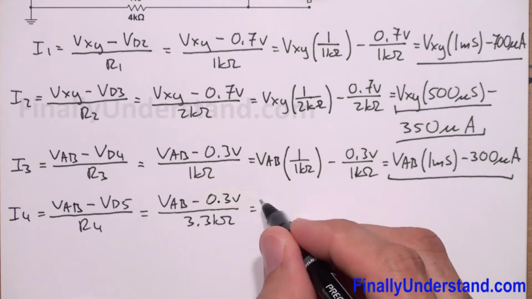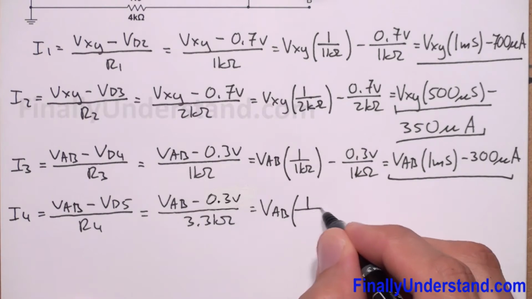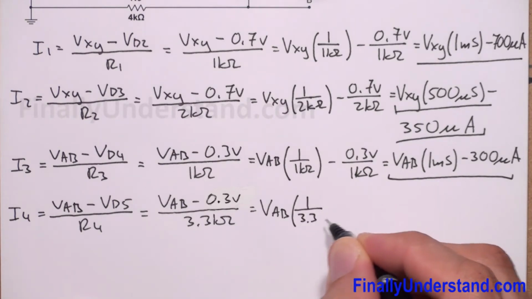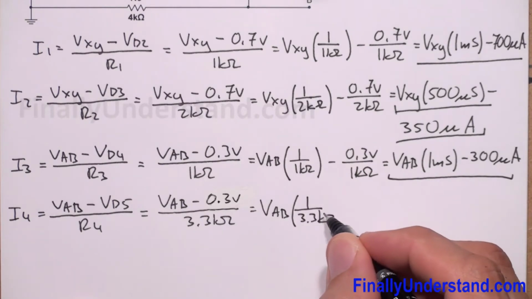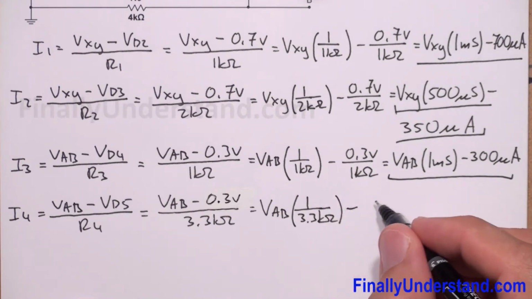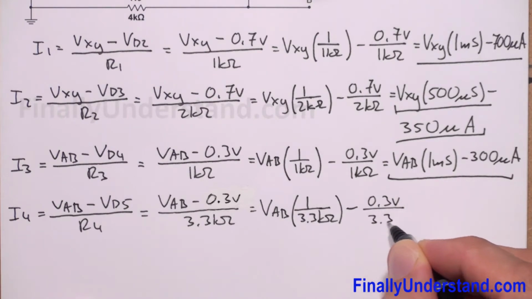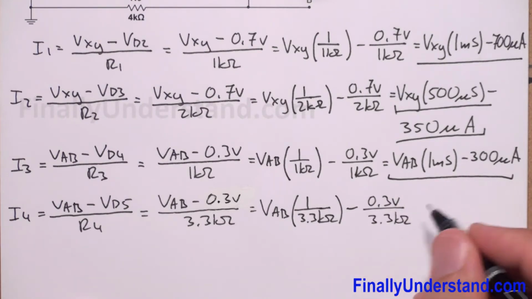So this is equal to VAB times 1 divided by 3.3 kilo ohms minus 0.3 volts over 3.3 kilo ohms.